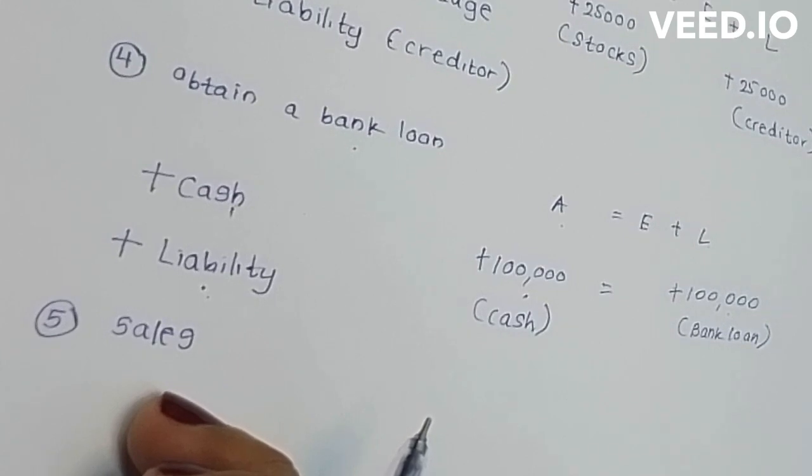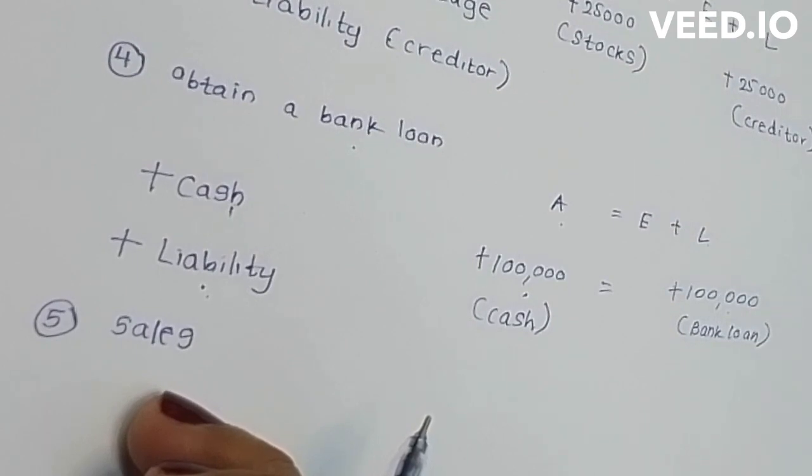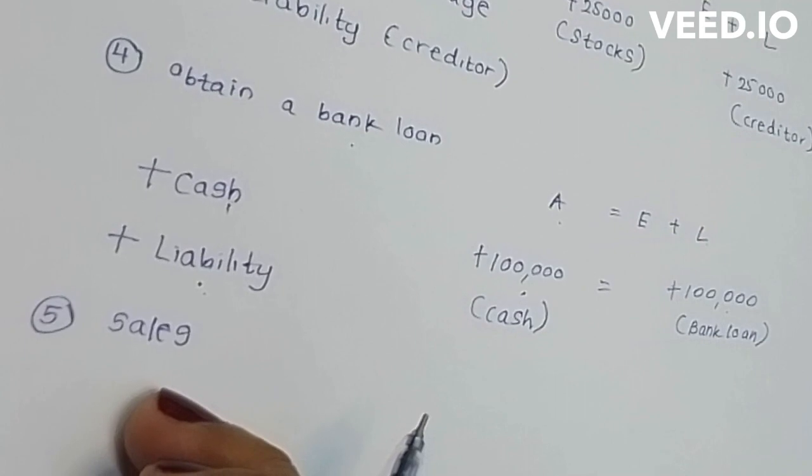Okay, for an example, if it shows selling goods to Abans worth rupees 25,000, in that case, what will happen? We have sold goods on credit terms. But here they are providing only sales, rupees 25,000. So we are taking it as cash basis sales.